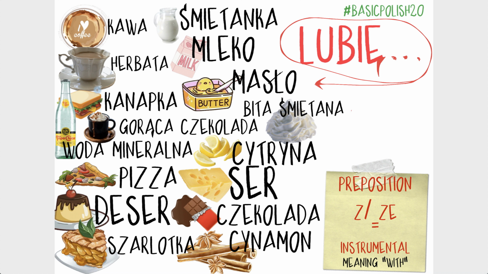This is a word for a sandwich in Polish. A lot of young people say sandwich, right? But I still use the old-fashioned Polish word, kanapka. So sandwich with butter would be kanapka z masłem.